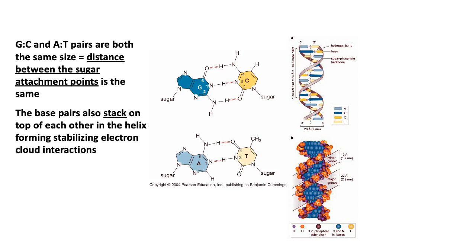But one thing I also want to point out here is the bases essentially stack horizontally one on top of the other. And in doing so, the benzene rings and the imidazole rings, all of these various different rings, there's electrons being shared throughout this whole area.